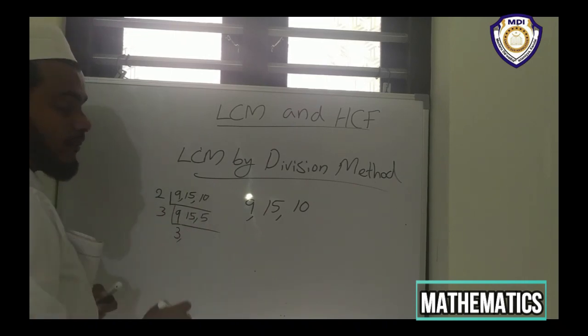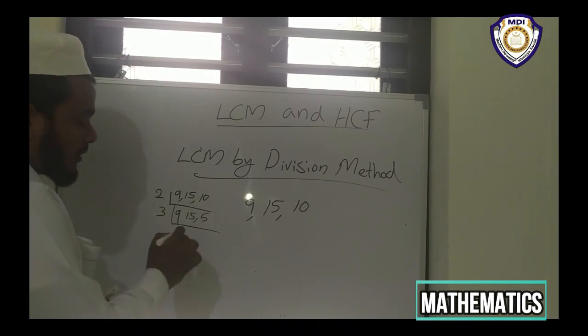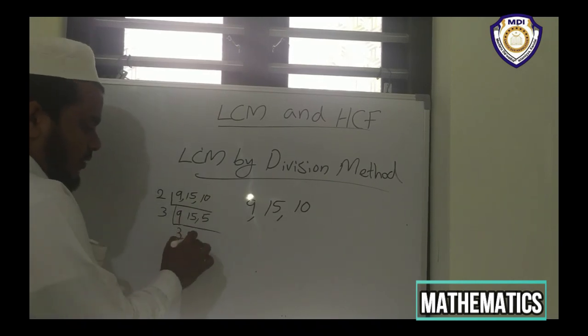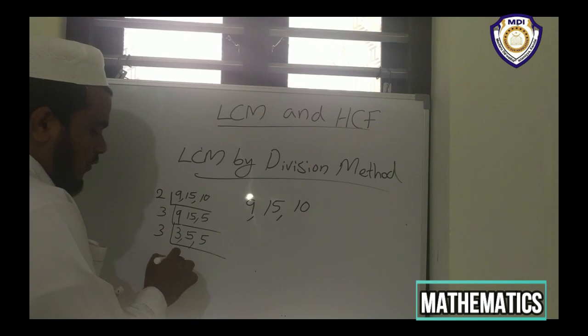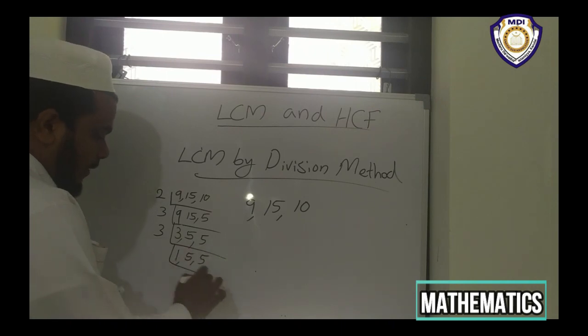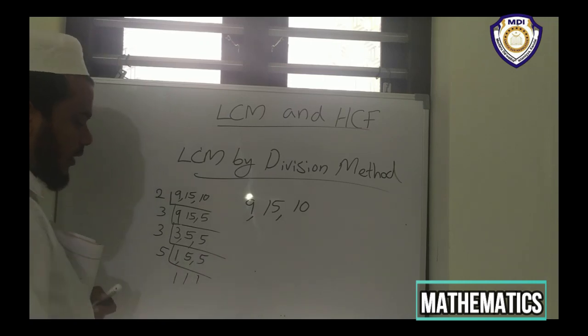Then 15, 5 3s. 5 cannot be divided, so 5 write down. Then next 3, 1 and 5, 5 no. Then write down 1, 5, 1, 5.